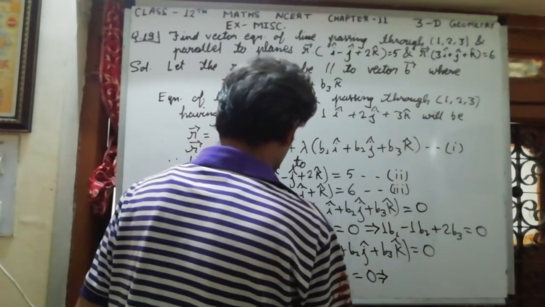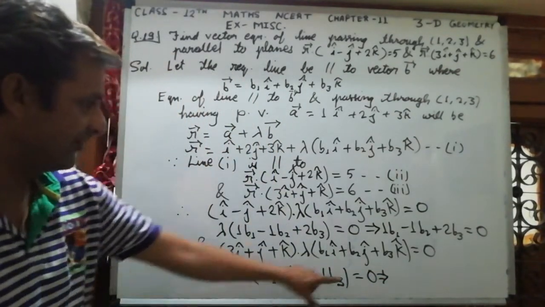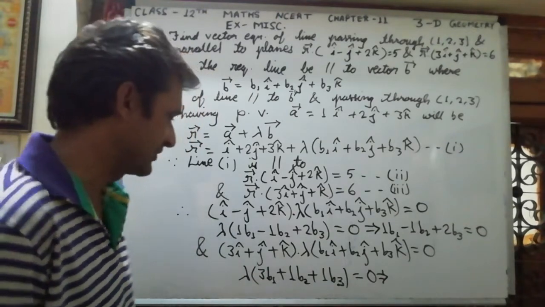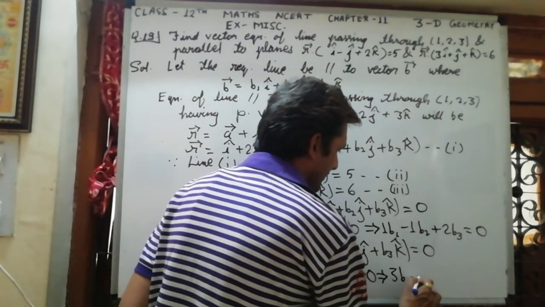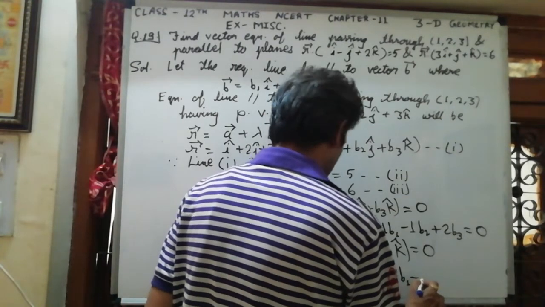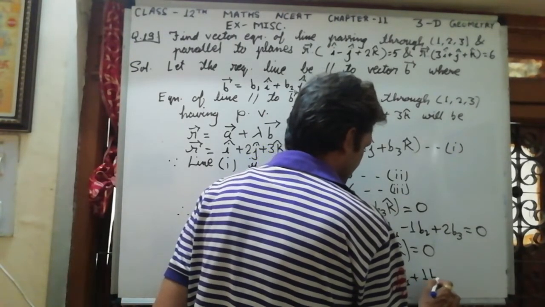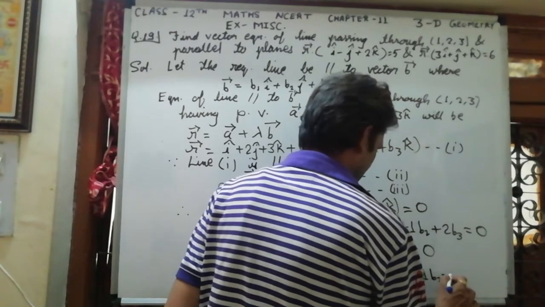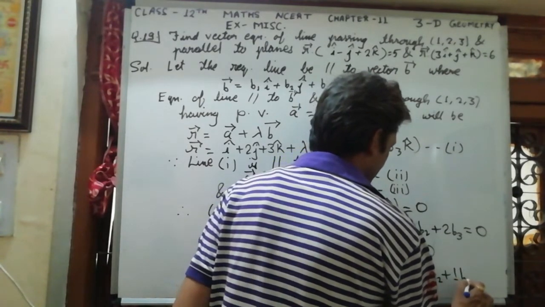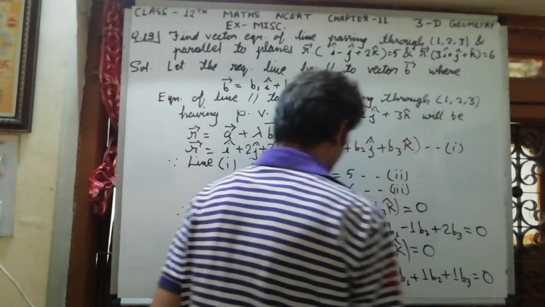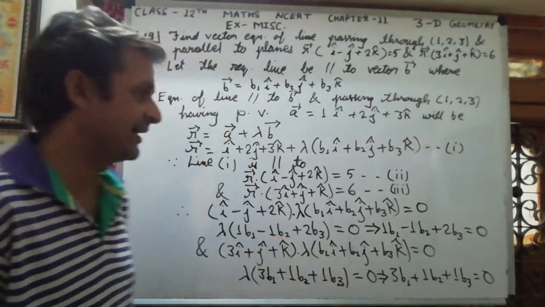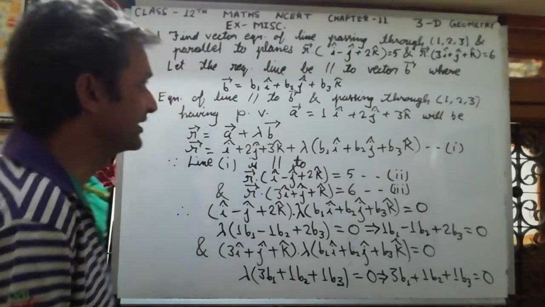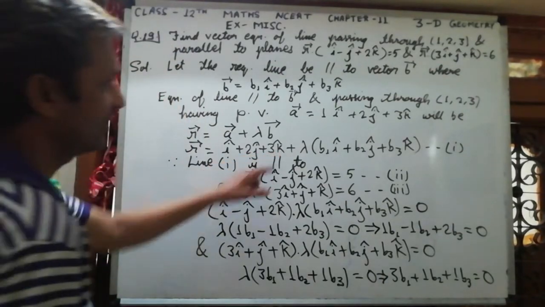Lambda will go to the denominator of the right-hand side, so 3 b1 plus 1 b2 plus 1 b3 is equal to 0. Now we may solve these two equations and get the values of b1, b2 and b3, and then we have to put them in equation 1.